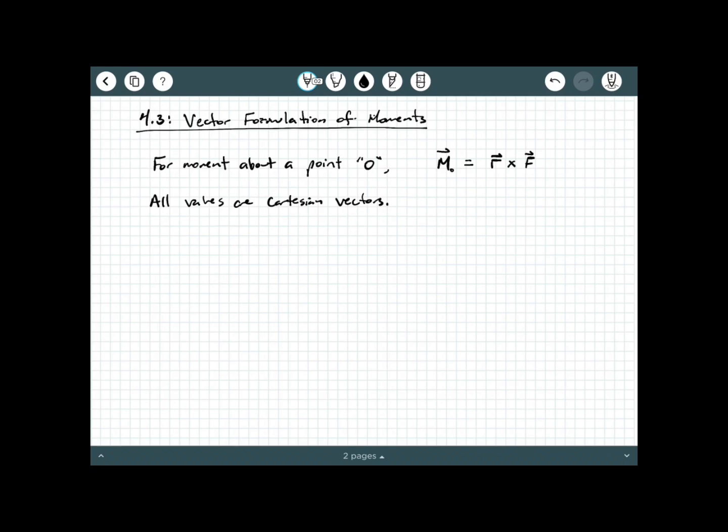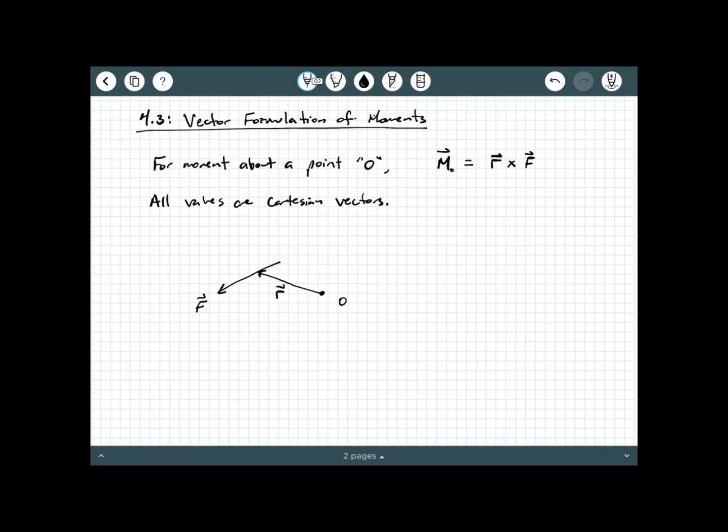And here's why. Let's say that we have a vector f right here, all right? And let's say that point O is somewhere over here, point O, okay? And now let's say that here is vector r. All right.